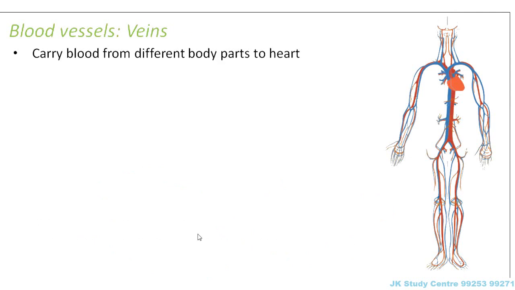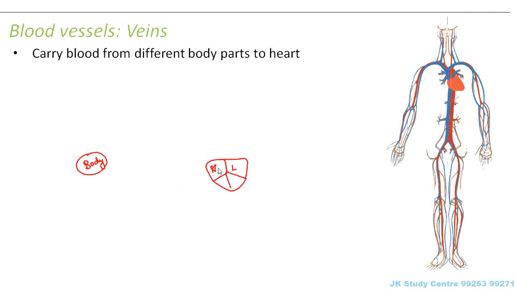What are veins? They carry blood from different parts of the body to heart. So the same picture, if I draw it here, if this is the body, this is the heart with 4 chambers, that is right auricle, left auricle, right ventricle and left ventricle, and this is the lungs.